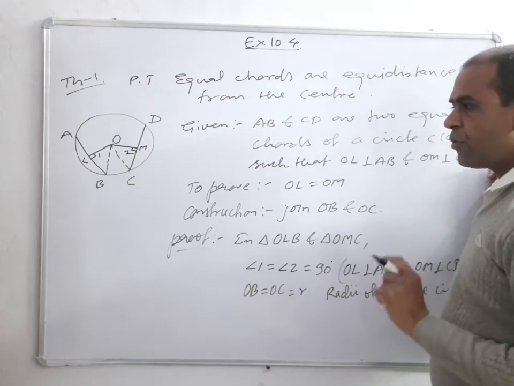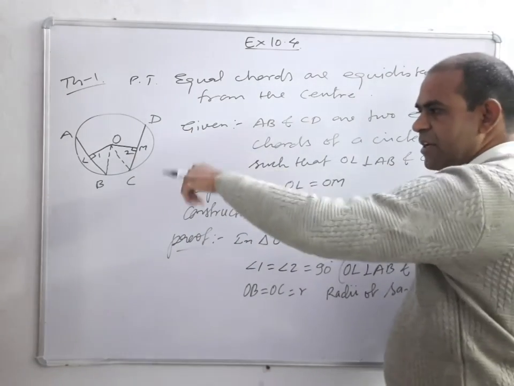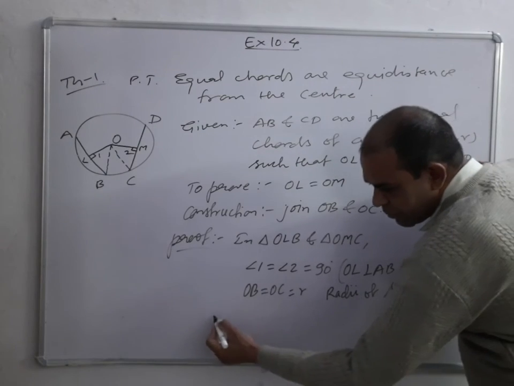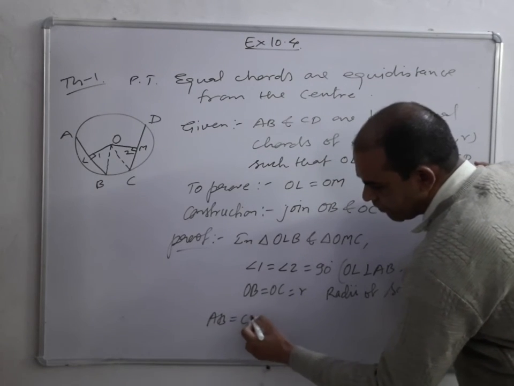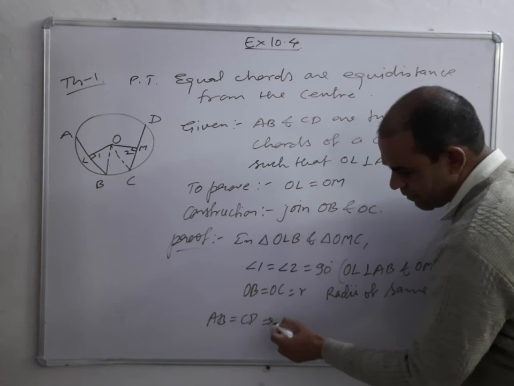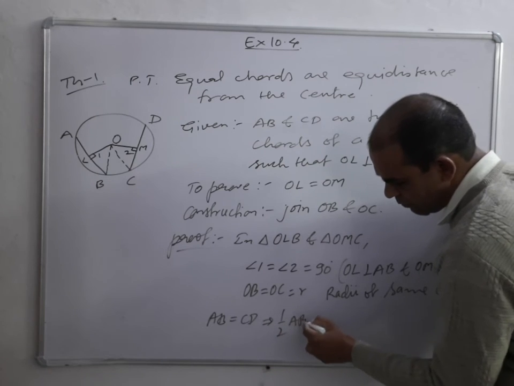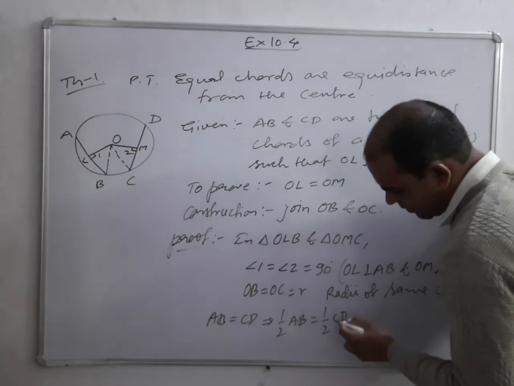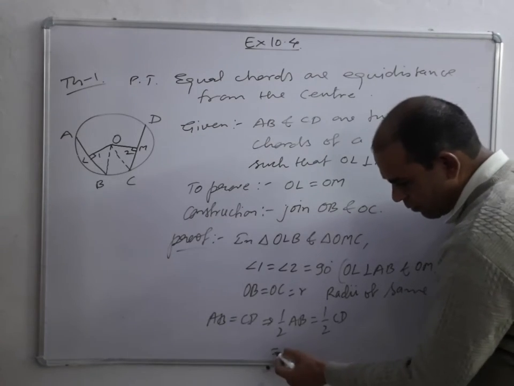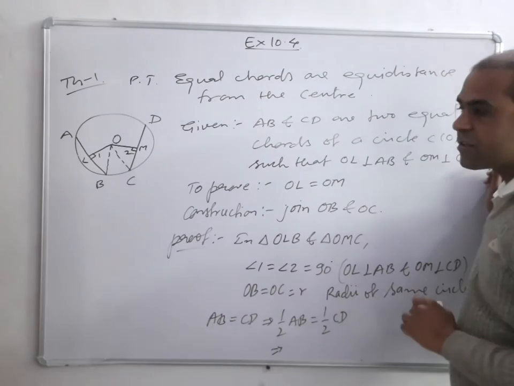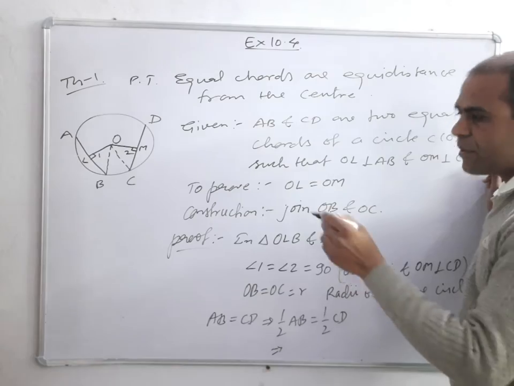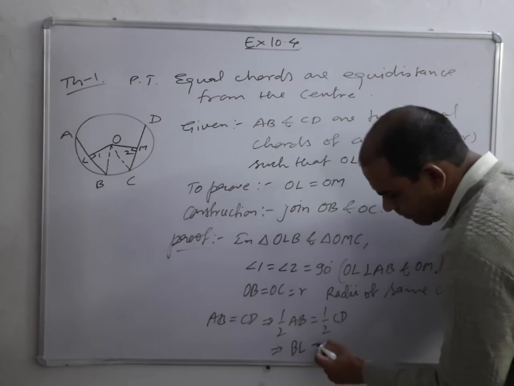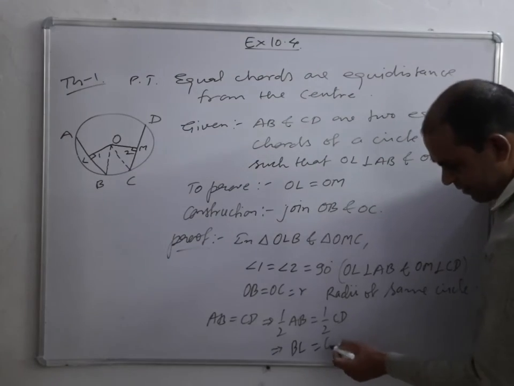But for proving BL equal to CM, here AB equal to CD, given. Equal chords are given. Then half of AB equal to half of CD, multiplying half on both sides. And half of AB is BL, and here CM.